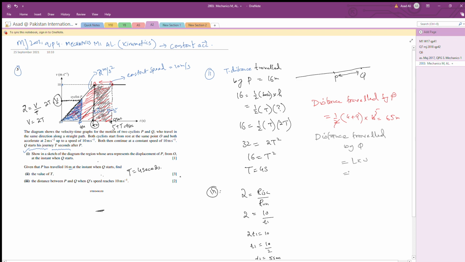Length is how much? 9 minus 5 is 4, into the height, which is 10. So the result is 40. Distance between P and Q is 65 minus 40, which is 25 meters.